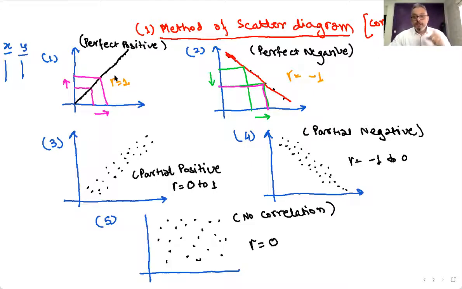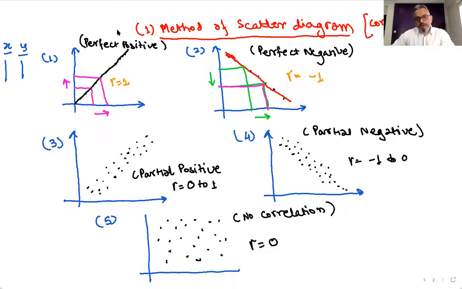What is their relationship? So we start plotting them on a graph. From this we will get either perfect positive, perfect negative, partial positive, partial negative, or that there is no relationship between them. So the purpose of scatter diagram is to establish the relationship between both the variables, to find out whether they are related or not, and to what extent these two variables are related. Now, I request you all to draw these diagrams with proper headings.